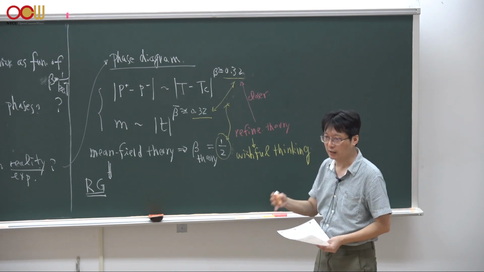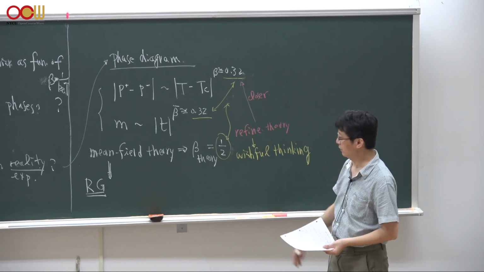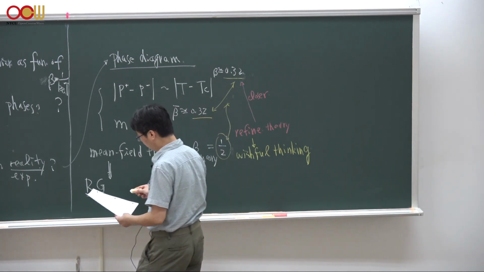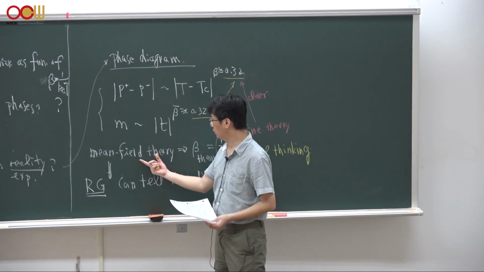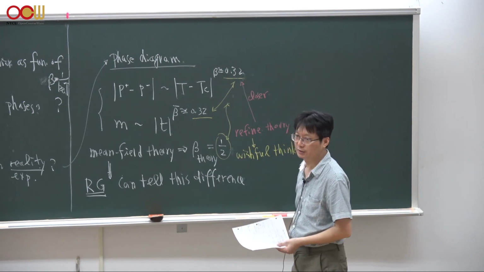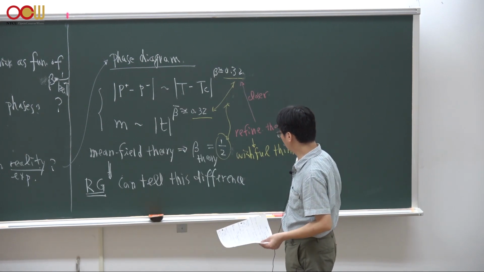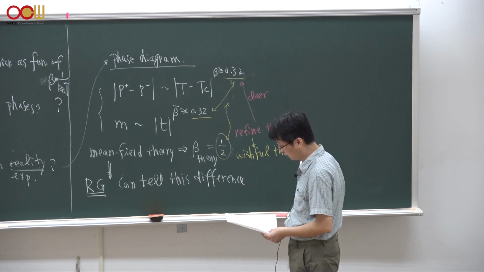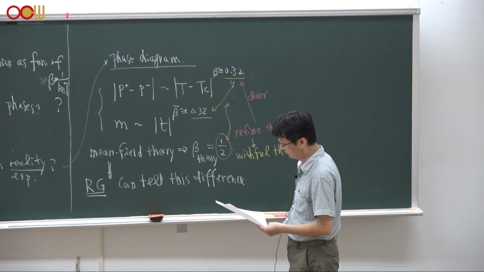We could have some relations between the coupling constant before and after this so-called RG transformation. And this RG can really tell this difference. You can improve the mean field theory, but unfortunately, no matter how hard you try, you cannot improve mean field theory further to really get to the experimental results. You need something else that is completely different in concept from the mean field approach.